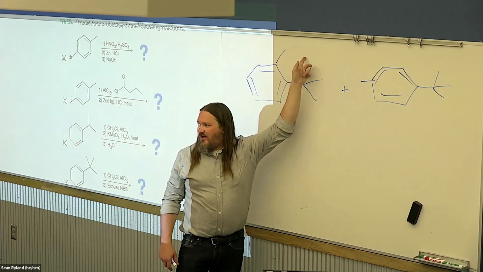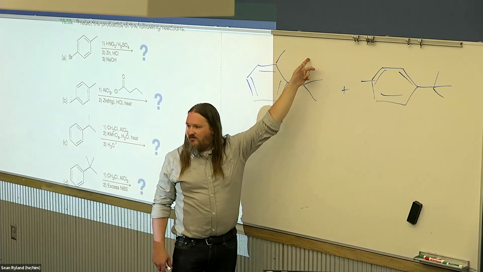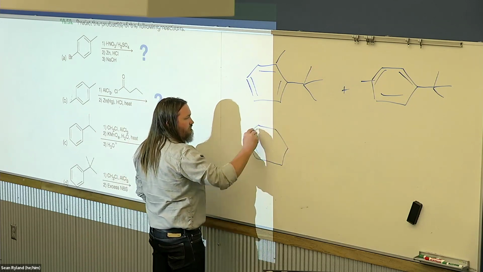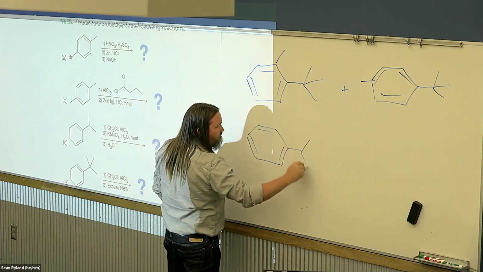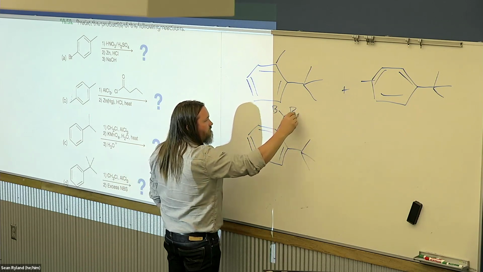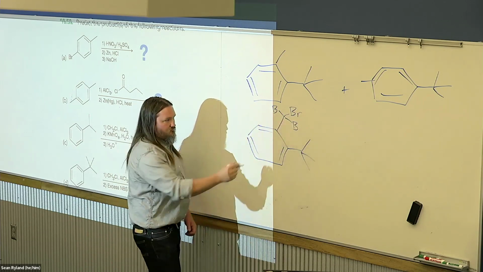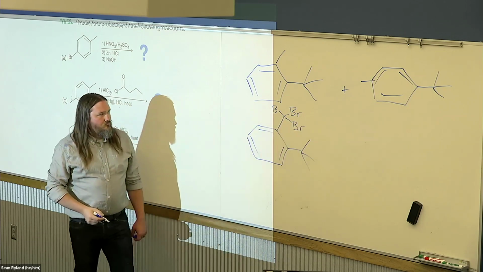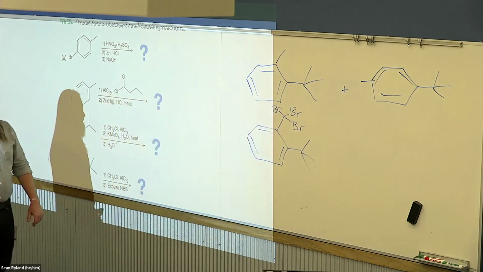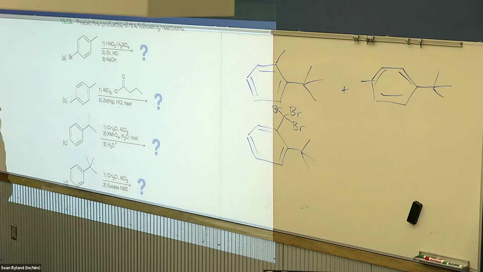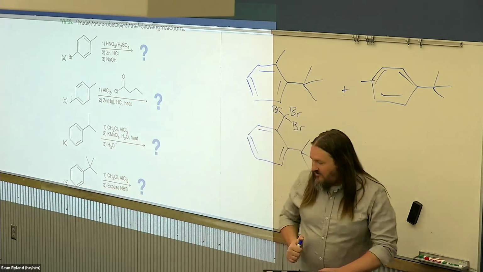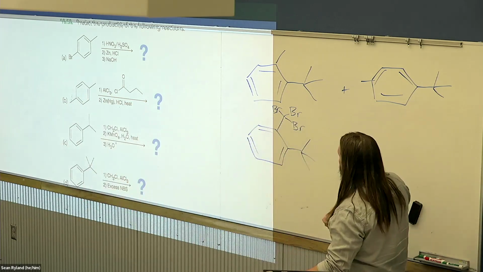We're going to replace all of the hydrogens on this benzylic carbon. Here too. First time I've ever seen that. It's a lot of bromines. And then we get the same thing over here.